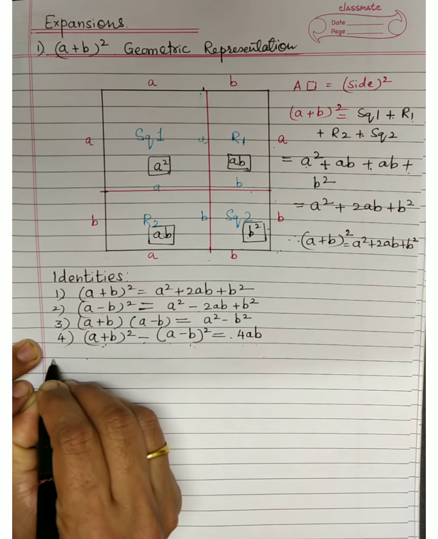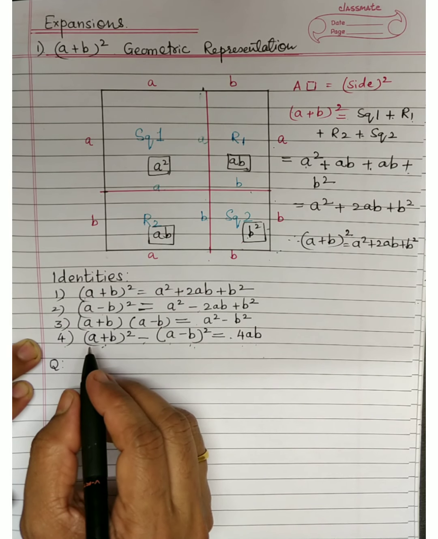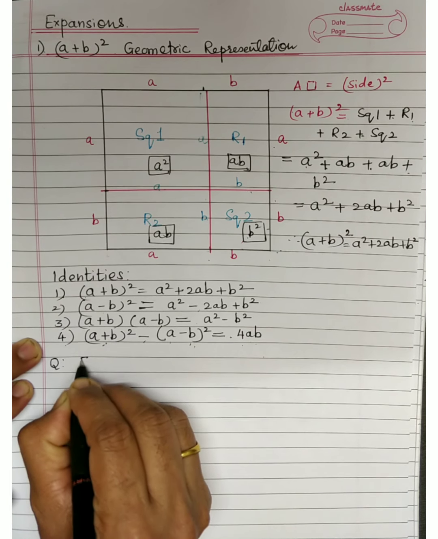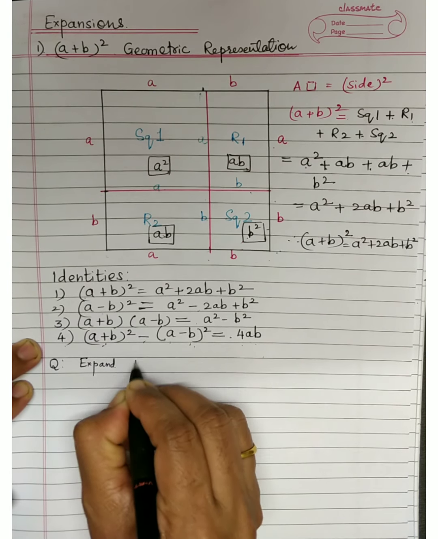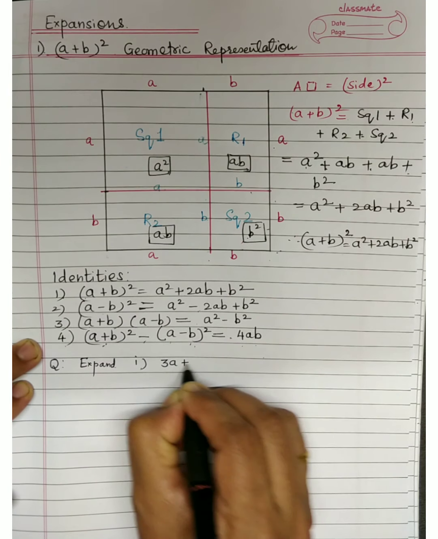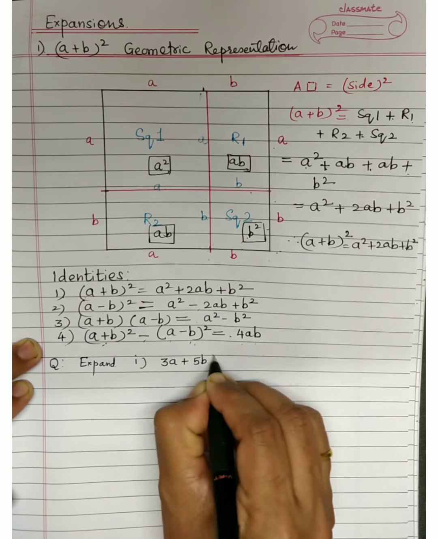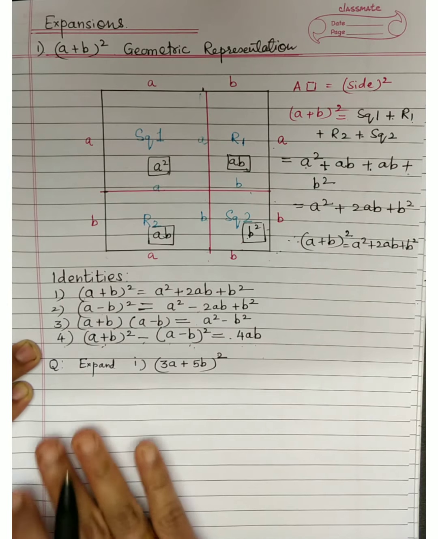Now how do we have to apply this? For example, our first question of the exercise is: expand the following. The first question is (3a + 5b) the whole square. Now it is very simple.